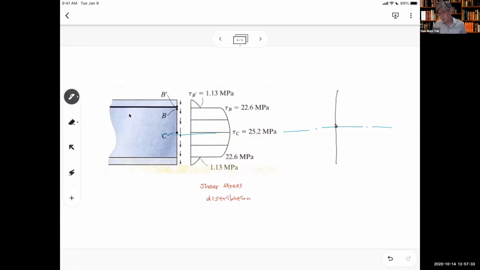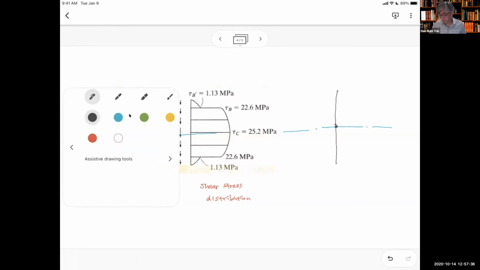And anyone can guess how the bending stress distribution looks like?